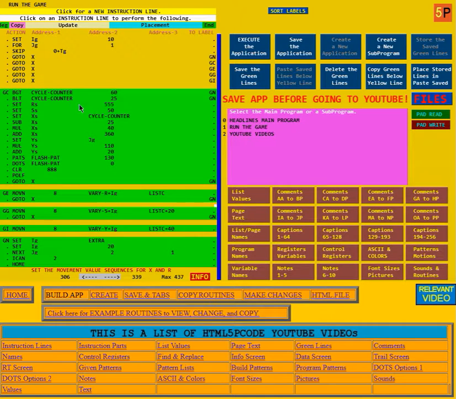It sets its R value to 555 and the S value to 50, so that's the rotation and size. It sets X to the cycle counter, subtracts 25 from it, multiplies it by 40, and adds 360. The key thing here is when the cycle number increases, it increases the value of X. That's what makes it move across the screen.